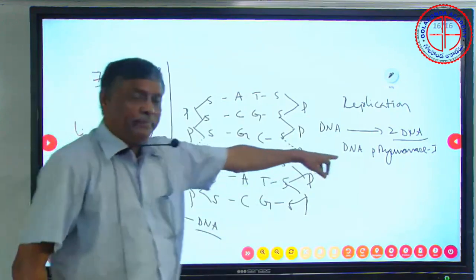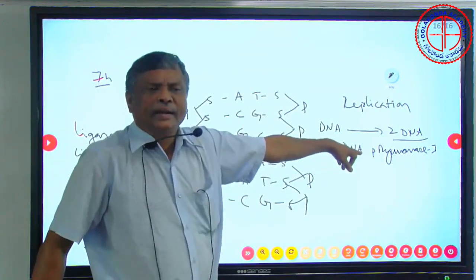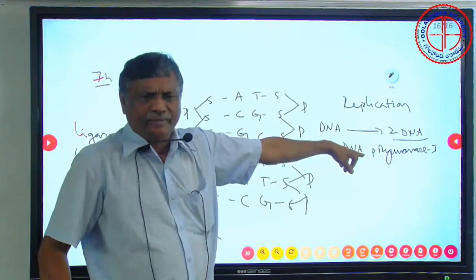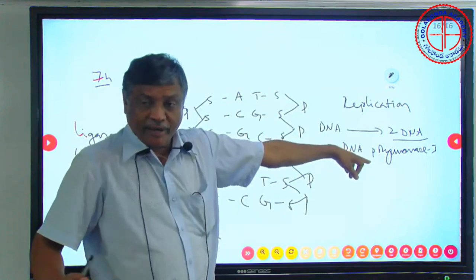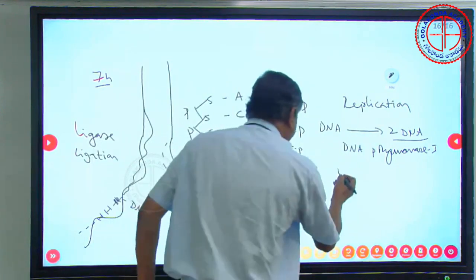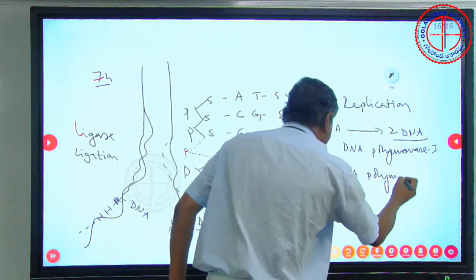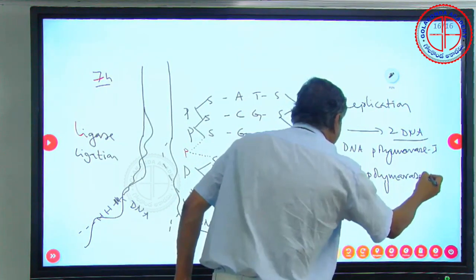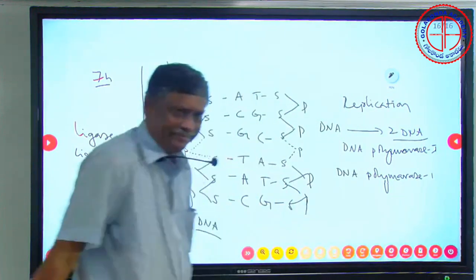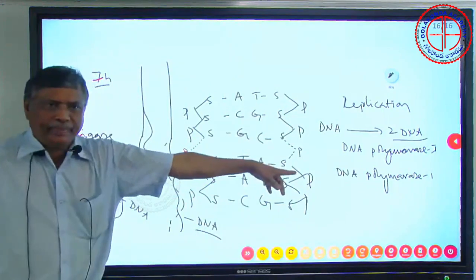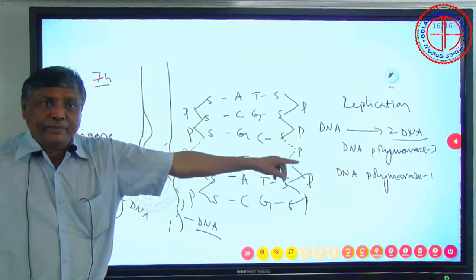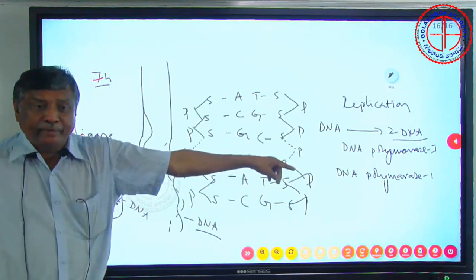What is the enzyme? DNA polymerase 1. The name of the enzyme is DNA polymerase 1. Only in the presence of this enzyme can DNA be synthesized from old DNA.